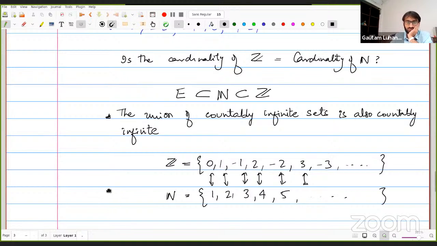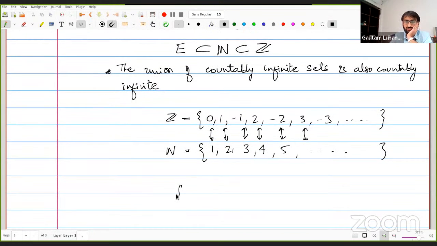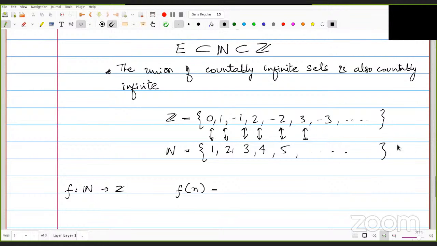Okay, so can I now define some quantity here that gives me a mapping from N to Z, which is a bijection, which encapsulates this? I think it would have to be a piecewise function. Okay. So if n is odd, then f of n is 1 minus n, divided by 2.